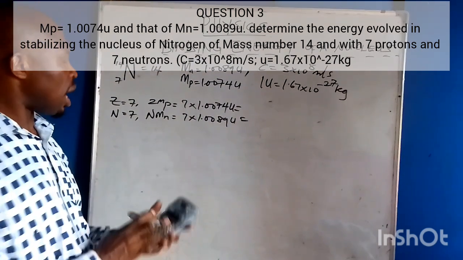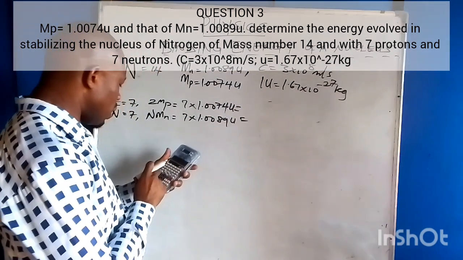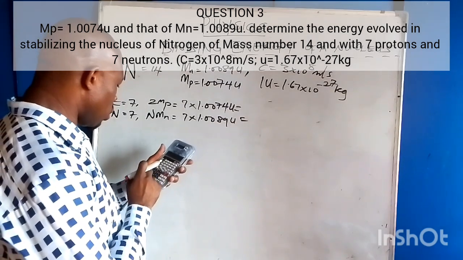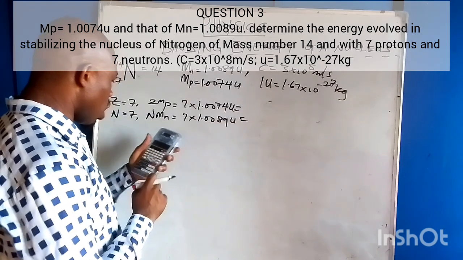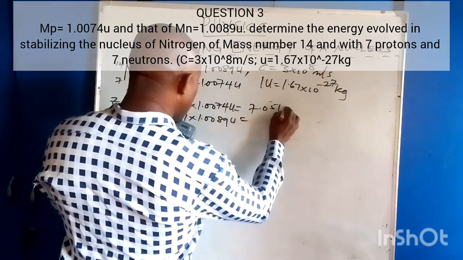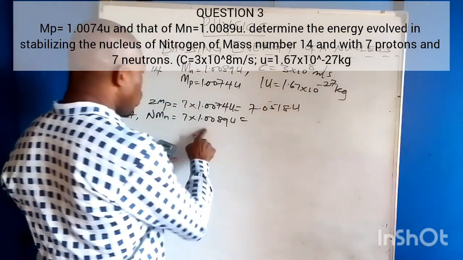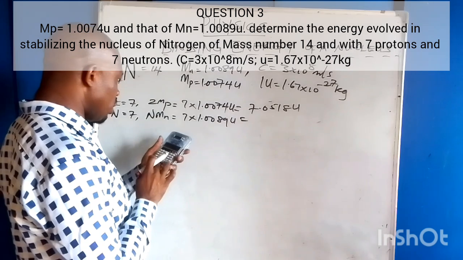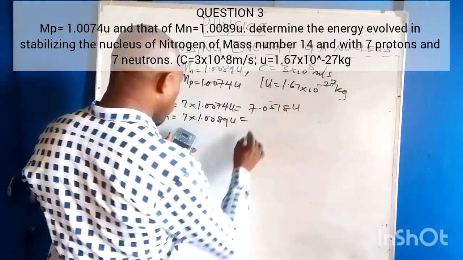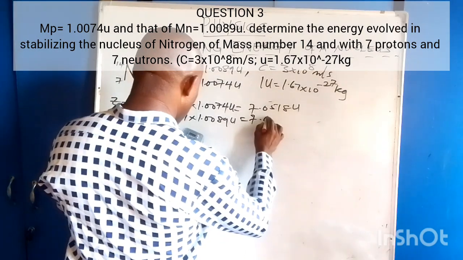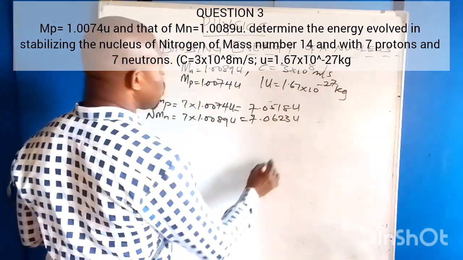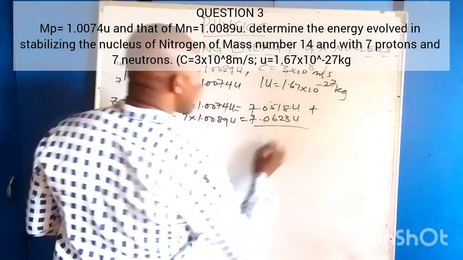Now let us calculate them out. So 7 times 1.0074 will give us 7.0518 U. The mass of the neutron, 7 times 1.0089, will give us 7.0623 U. Now, of course, we add the 2.